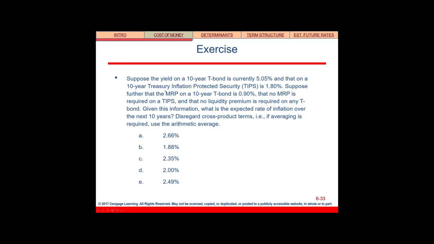But remember, here it says inflation protected, so this one doesn't have to consider the inflation premium, and again, it's a Treasury security. So therefore, this 1.8% is basically just the real risk-free rate of return.